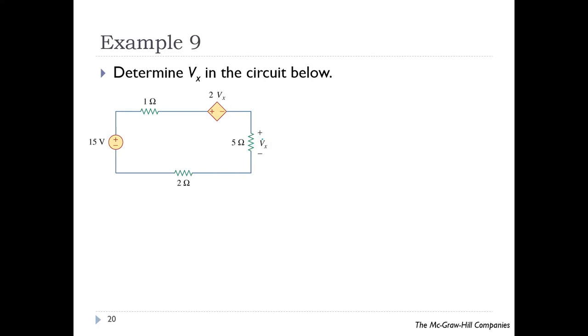So for this case, Vx is labeled positive up and negative down, but the polarity can be changed depending on the question. Okay, let's solve for this circuit again. In this circuit, all elements are connected in series, so you are going to apply KVL and Ohm's law. For this one, let's call this as I.